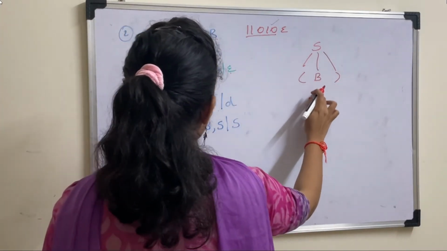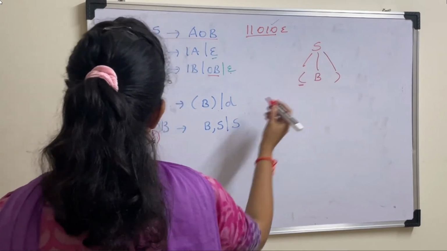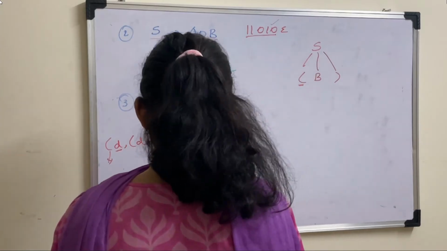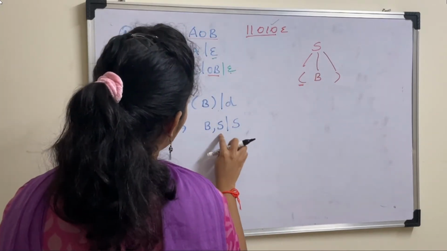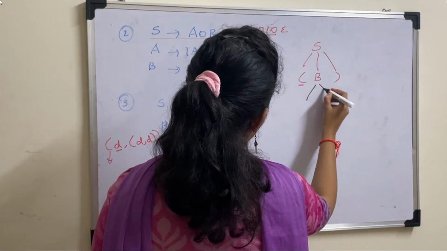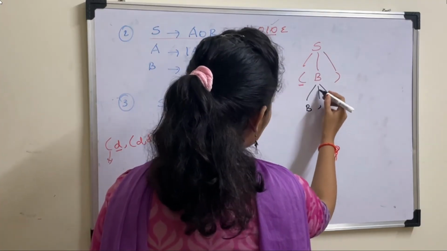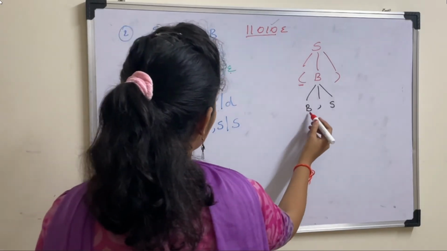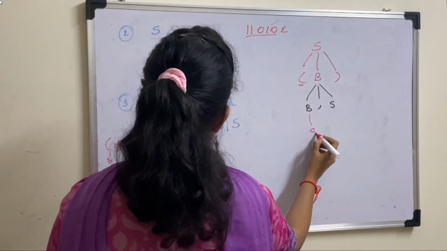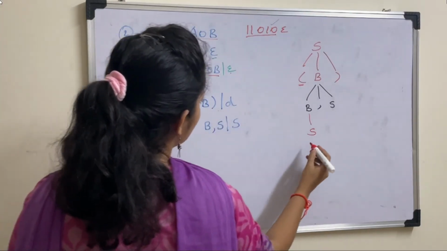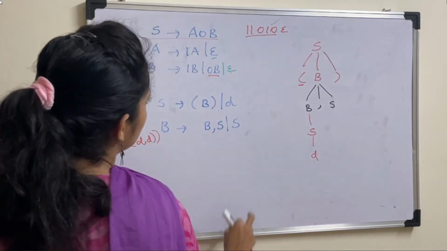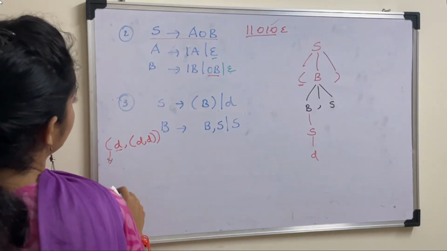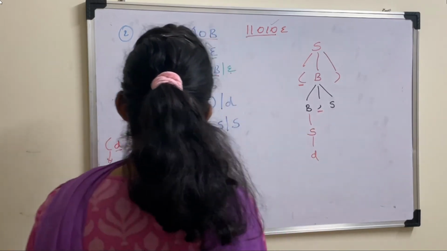Now we got this. Now in place of B, we got open bracket, then it should be small d. So here you need to substitute B comma S. For comma, again you need to represent it separately. B comma S. So this B can be represented with S, and S can be replaced with d. Now we got open bracket and this first d, and then comma as well.